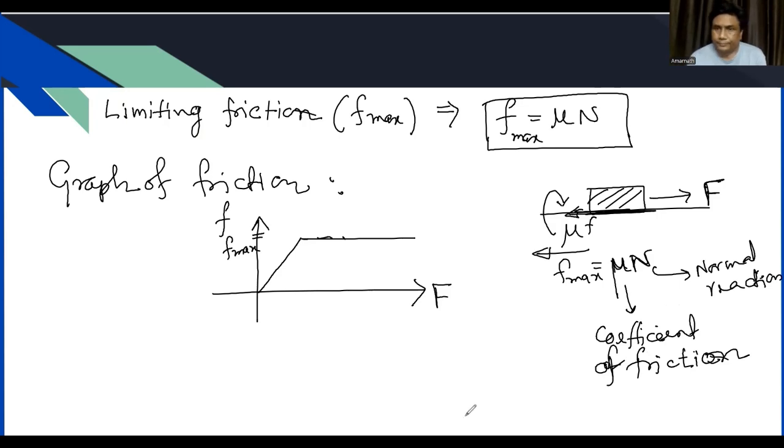If you keep on applying the force, frictional force will go on increasing, but after a certain time, frictional force will be a limited one. Your applied force can be infinite, you can do anything, but frictional force always has some maximum value. That maximum value is called limiting friction.